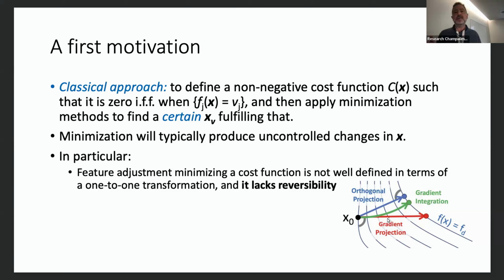But this is not a good way to do things because it's not reversible, so you're losing information. Instead of that, if you go all the way orthogonal to the iso-surfaces, you can do the reverse, right? Like finding the solution of an ordinary differential equation. And this is what I'm proposing here.